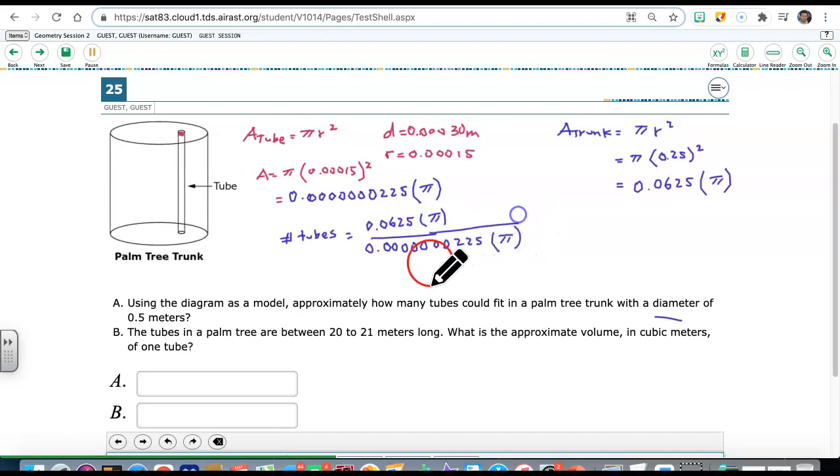You notice that I didn't use pi? Can I cancel pi from the top and pi from the bottom? Yes, I can reduce that. So let's divide that by 0.0000000225, and that's going to give me 2,777,778.